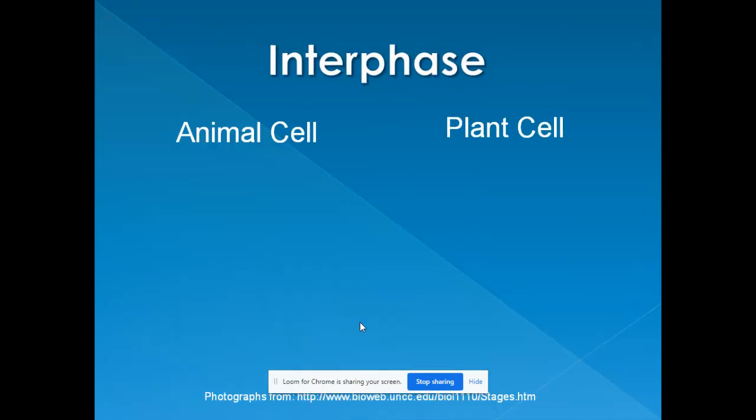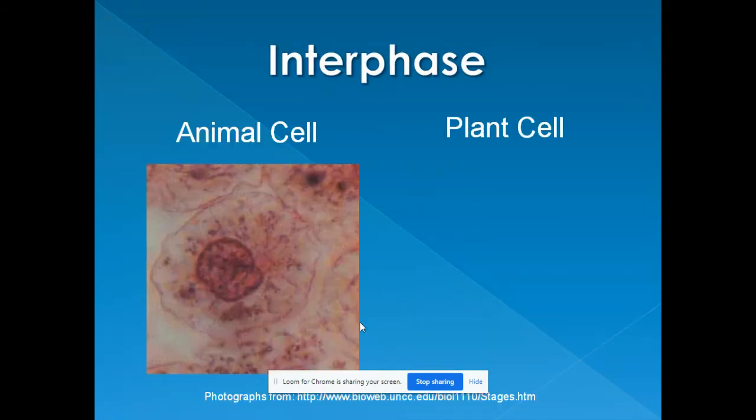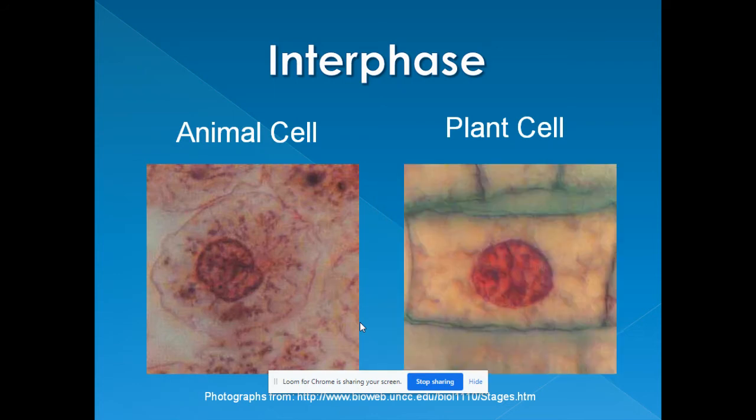Well, the interphase happens pretty much the same in animal and plant cells. Just remember, in plant cells we do have the cell wall that's protecting the cell, and the cell membrane that's selecting the material that comes in and out. And in animal cells, you only have the cell membrane.